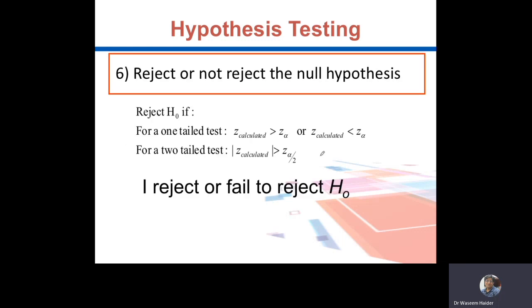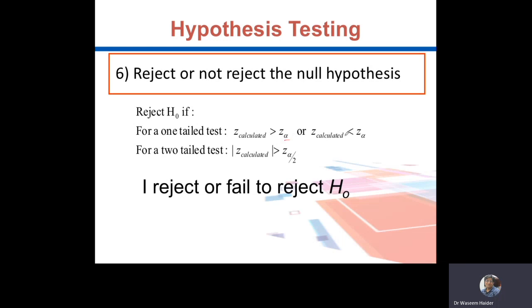Number 6, we reject the null hypothesis, or we say fail to reject the null hypothesis, depending upon what our calculations are. So we reject H0 for a right tail test if Z calculated is greater than the Z under that particular alpha level. We call it as Z critical.